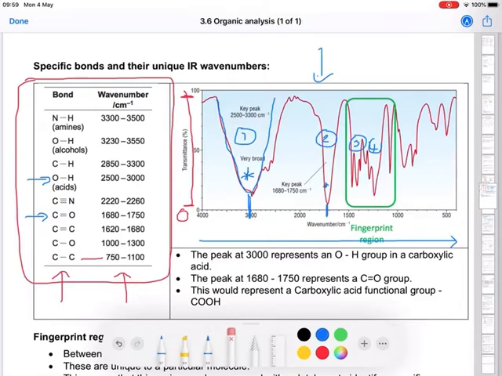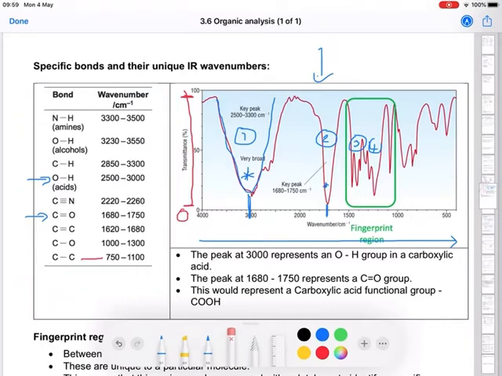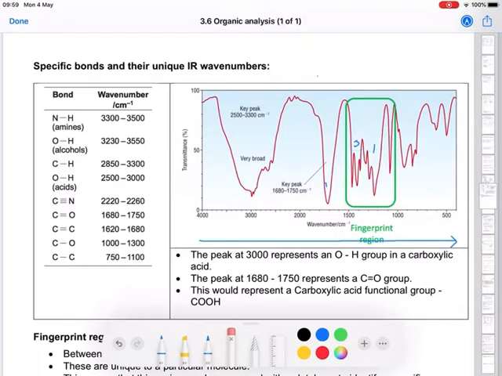Okay, now this is really useful because what it allows us to do is identify what functional groups are present in a molecule and which ones are not. Now, there is a region in here that is less useful than other key peaks, and that is this region here that is outlined in green.